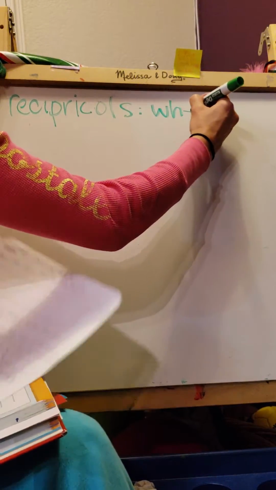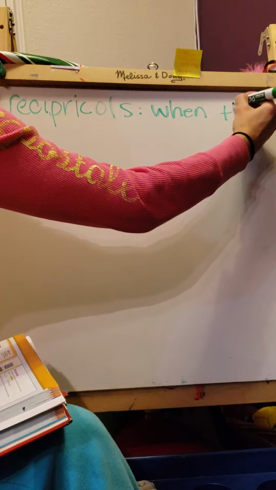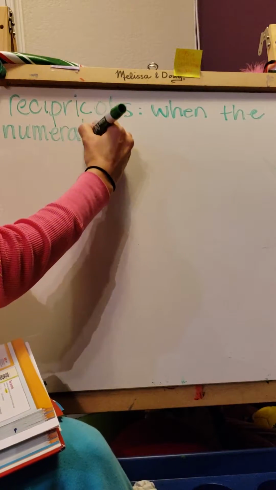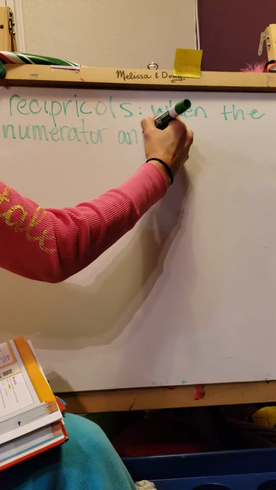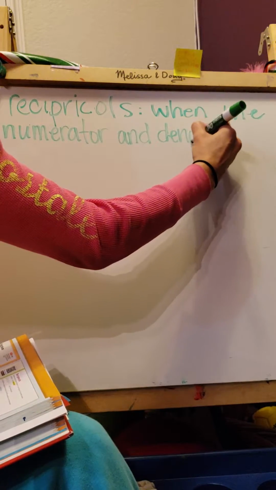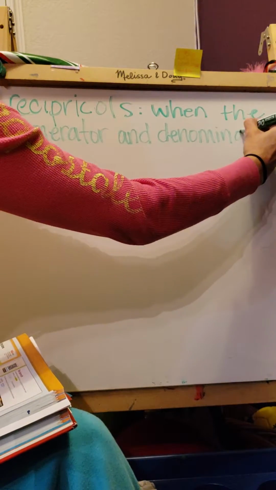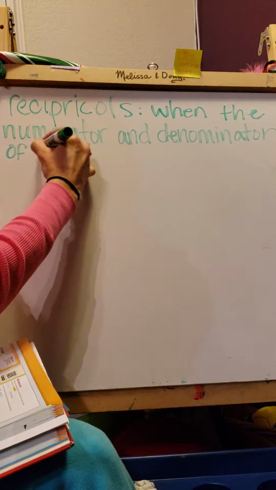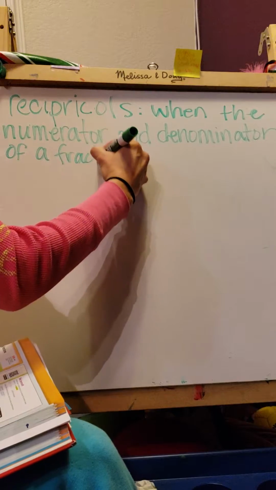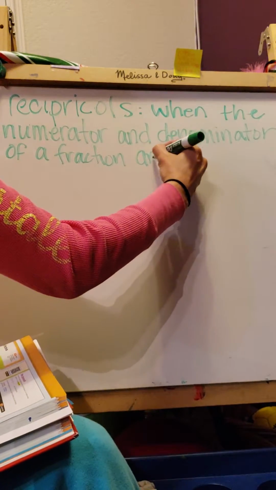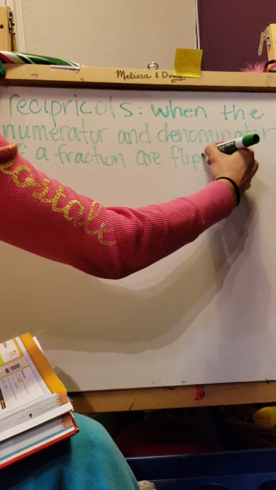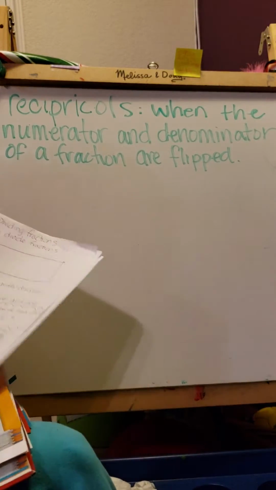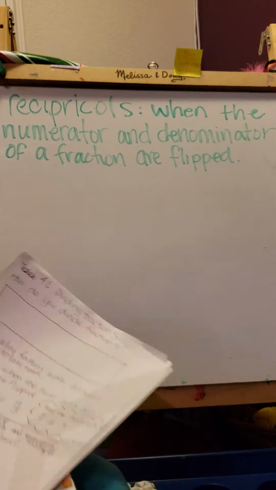Reciprocal is when the numerator and denominator of a fraction are flipped. So go ahead and pause me and get that written, and then I will show you an example.